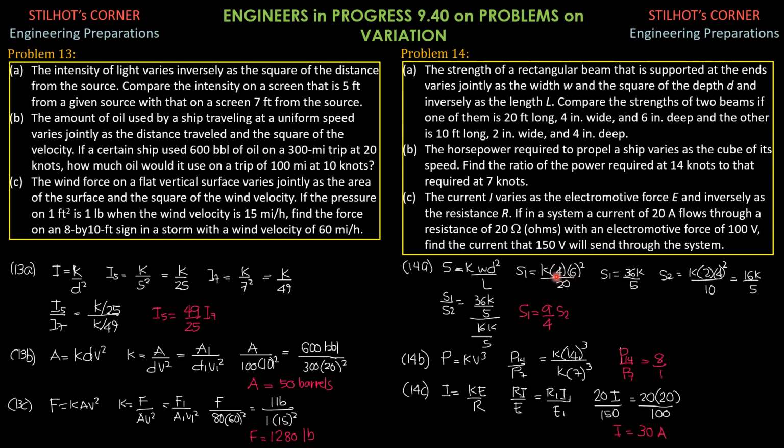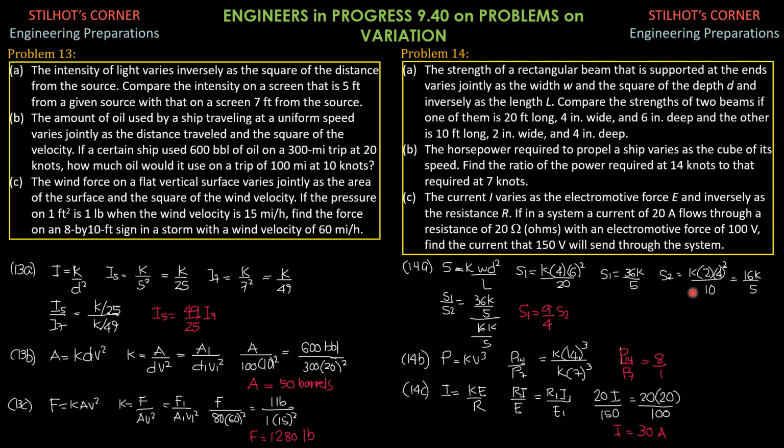Take note that the numerator should be in inches and the denominator is in feet. There's no need to convert as long as we consistently make the numerator dimensions in inches and the denominator in feet. So S1 is 36 over 5 of K.